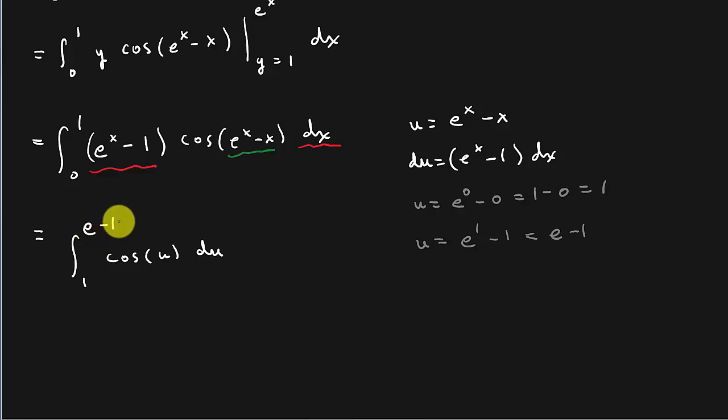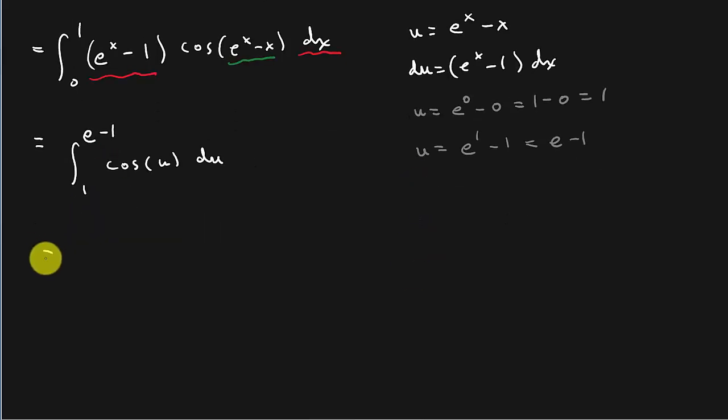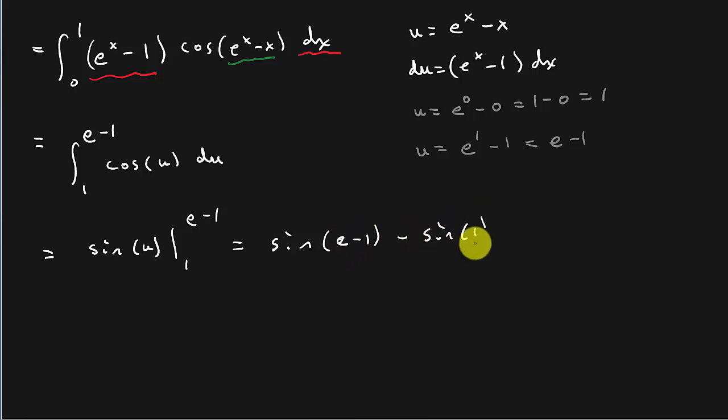Now we integrate: sine u from 1 to e minus 1, which is the sine of e minus 1 minus the sine of 1. Plugging this into our calculator, we get 0.14767. We'll just round it to that.